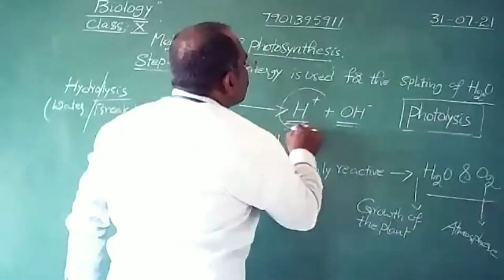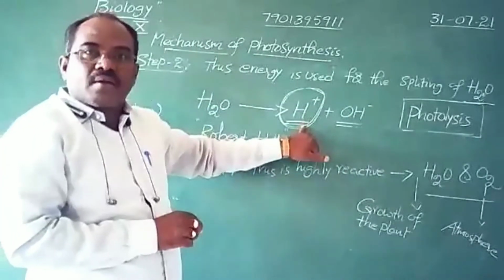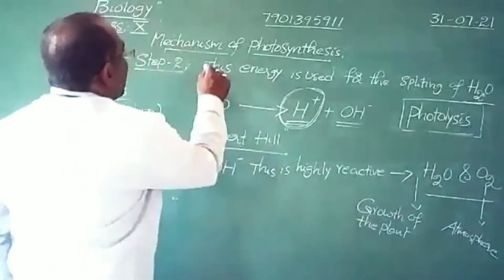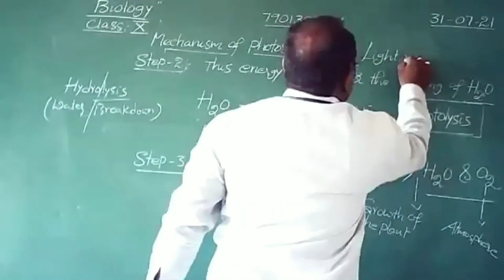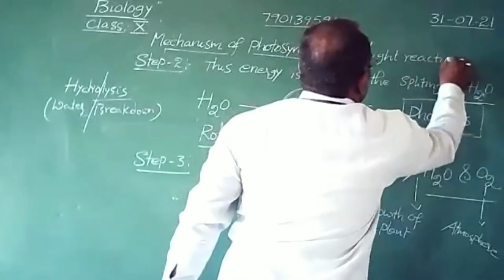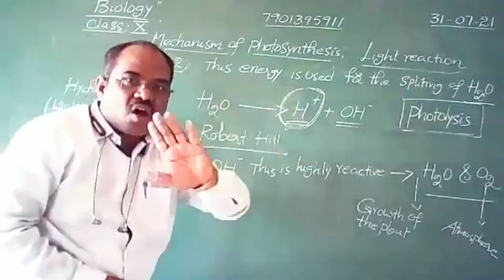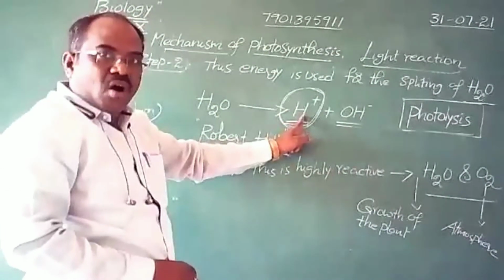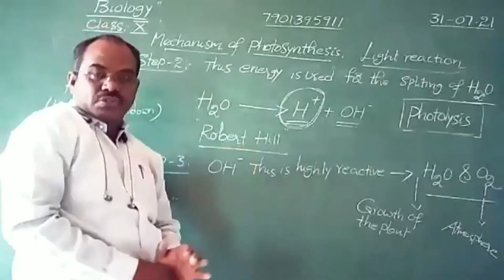The H positive ion is not used for the light reaction process. H positive ion is used for the dark reaction process.